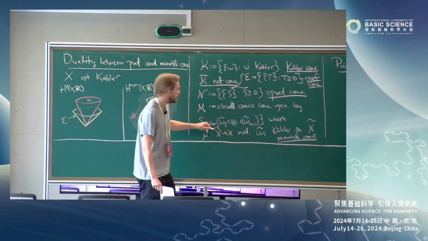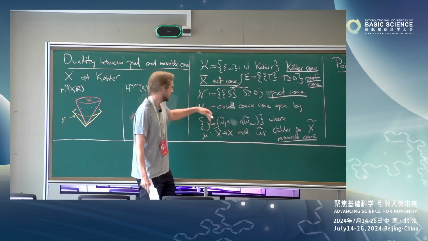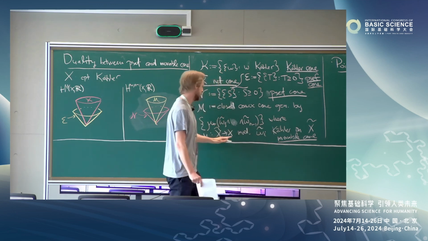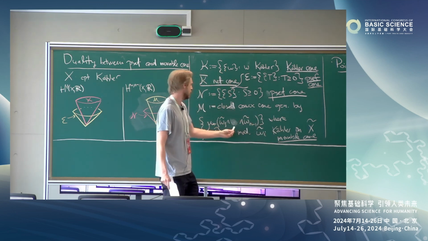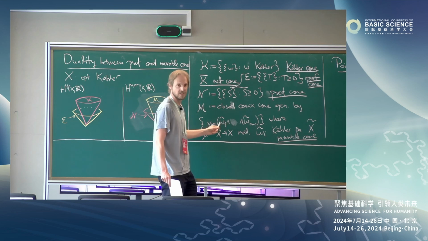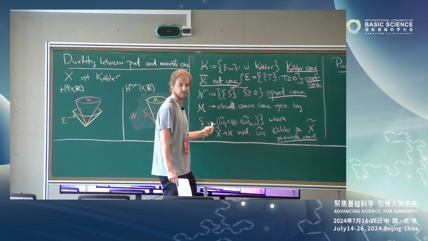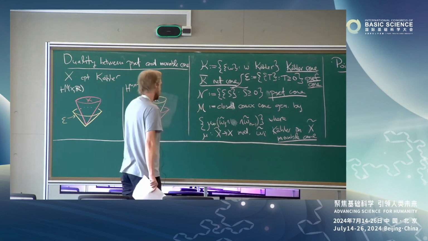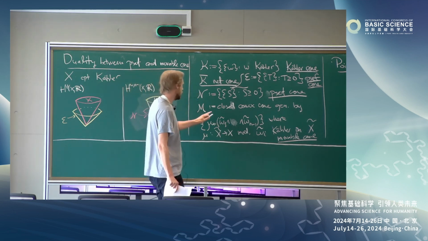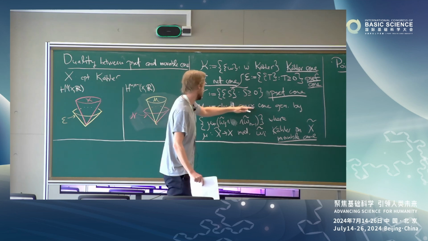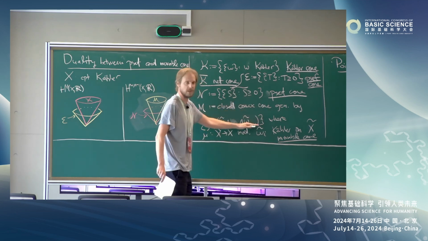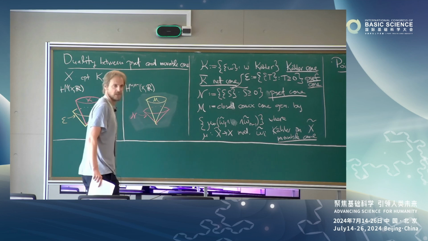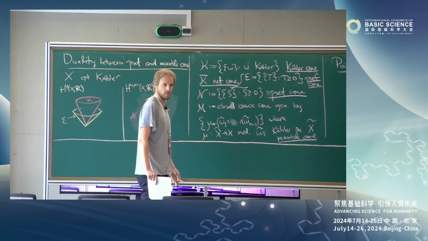Then we can push that forward down to X, and this will be a closed positive current, but it might not be smooth. We look at the cone generated by all such things, and that is called the movable cone.